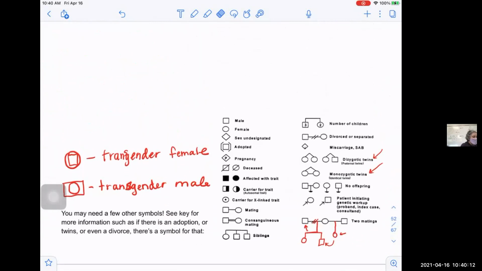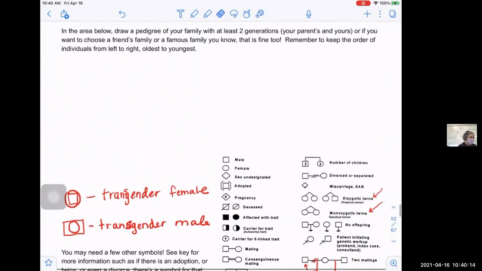All right, I got a question. How would I draw this? Way to make it weird, Klepper. Oh no, I'm going to make it weird for you, watch this. On my dad's side, my dad has a brother that's also his cousin.